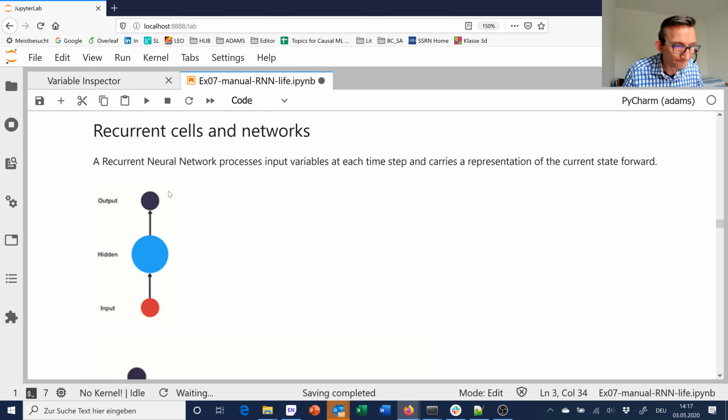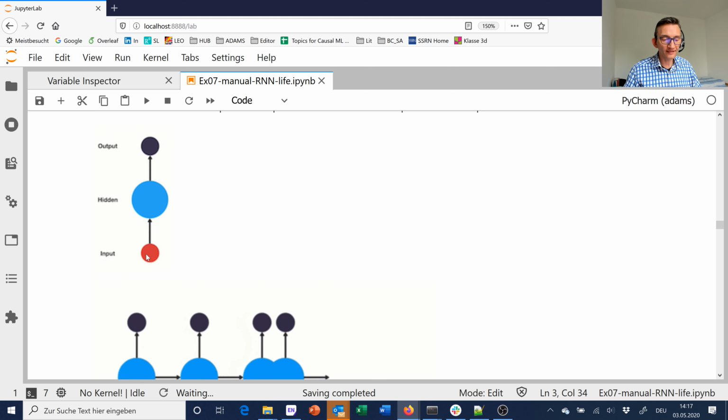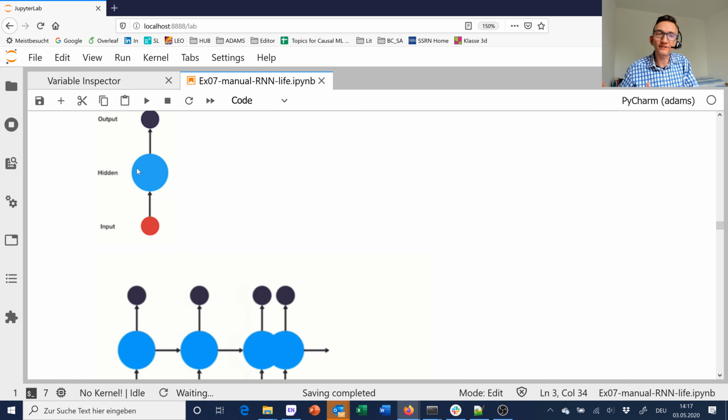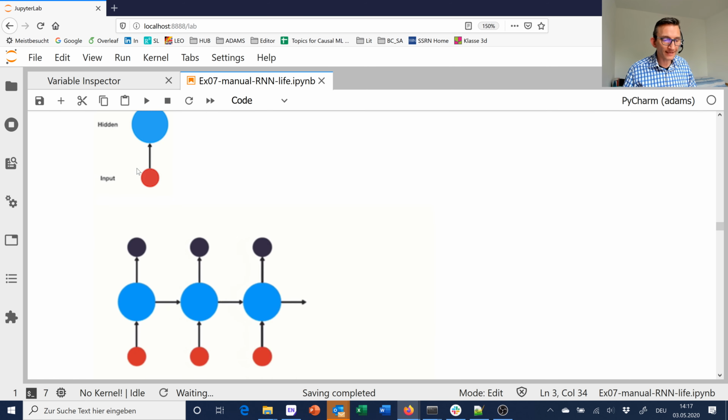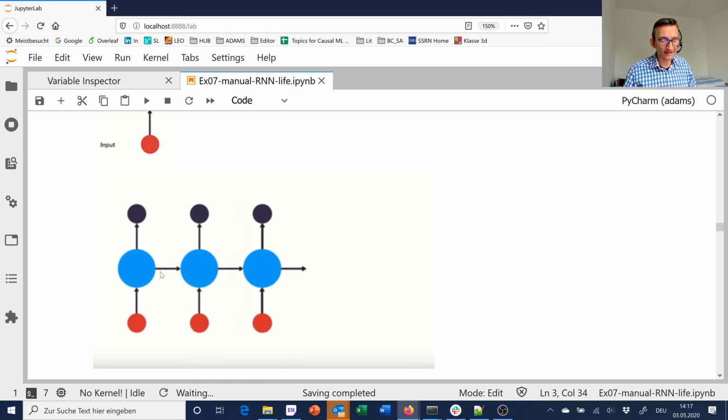Okay, let's first of all revisit RNNs. That picture is basically the structure of a feed-forward neural network, where we have inputs, hidden, and outputs. And you can think of a recurrent neural network as a feed-forward neural network that is basically unfolded in time, and the animation is supposed to illustrate that.